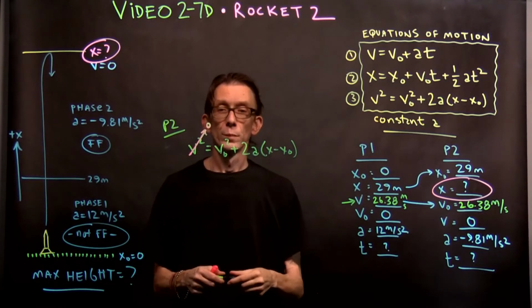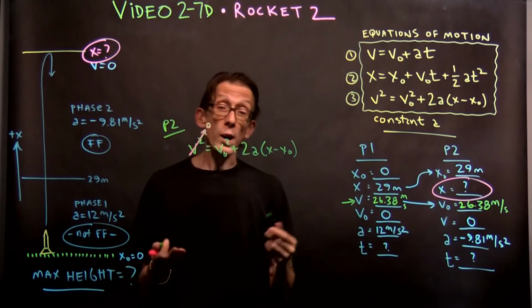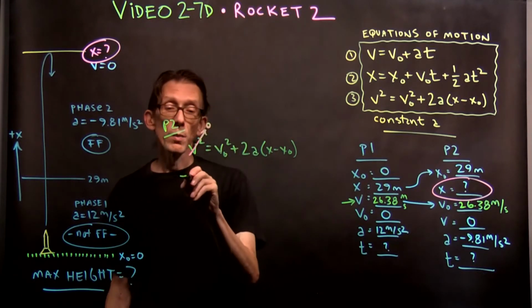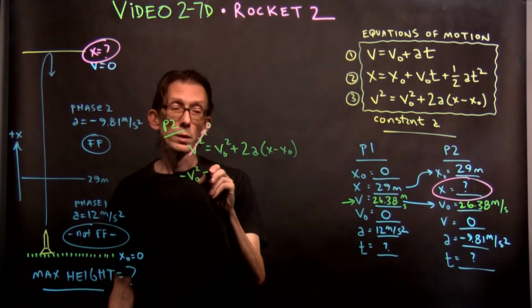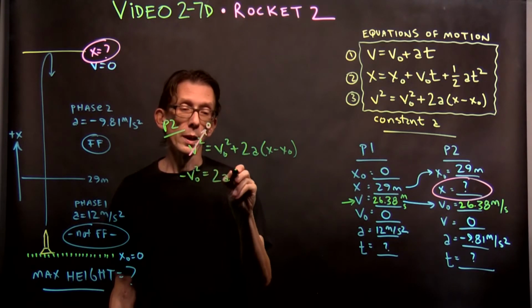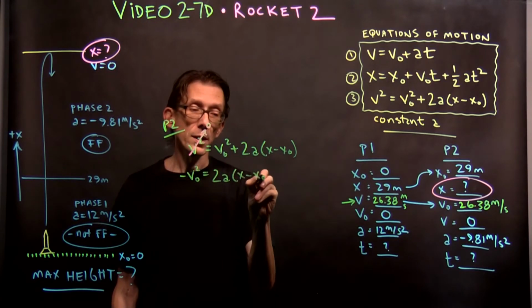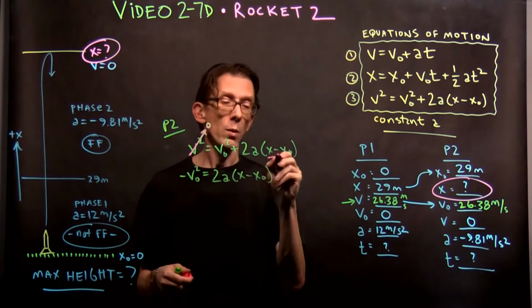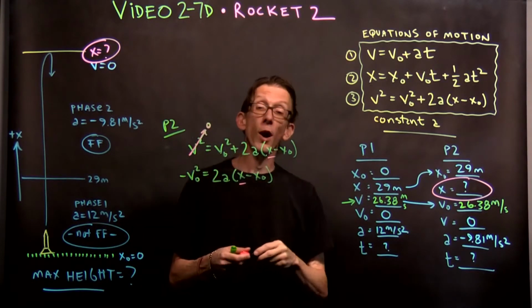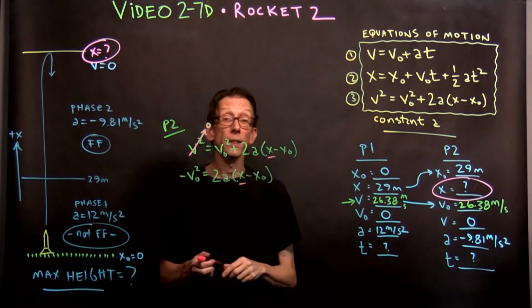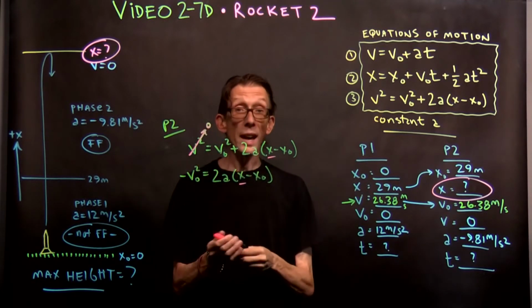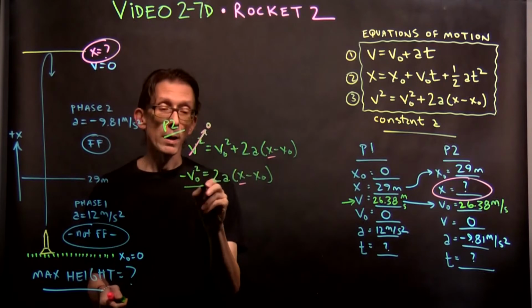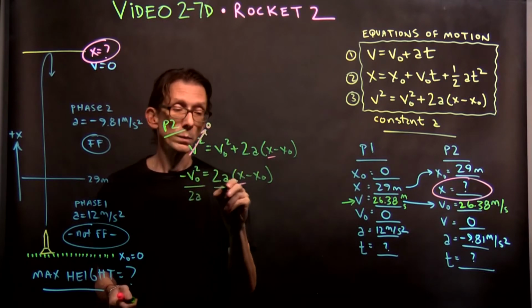Okay. So we need to subtract v naught squared from both sides. So minus v naught squared is 2a times x minus x naught. We're trying to find, remember, not to beat a dead horse, we're trying to find x. We're trying to solve this equation for that x right there. The next step in the algebra is dividing both sides by 2a.